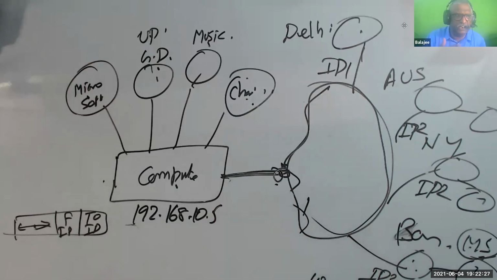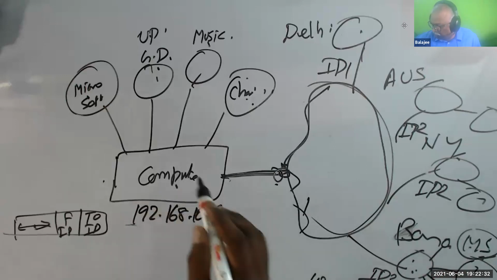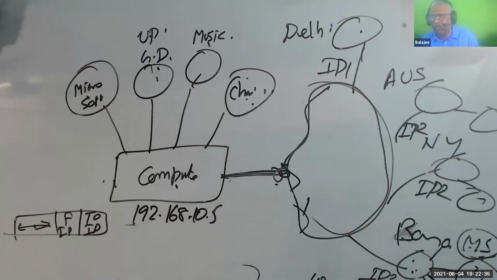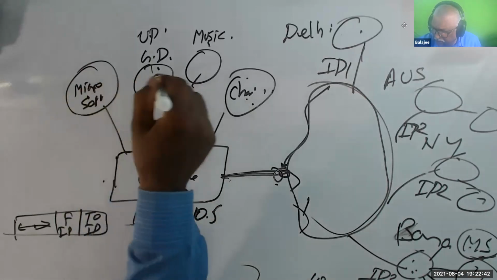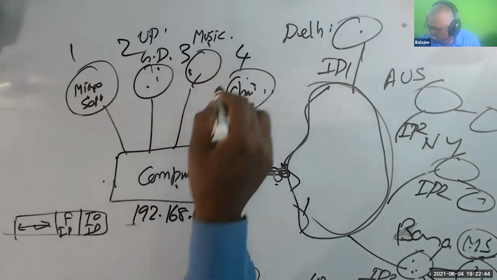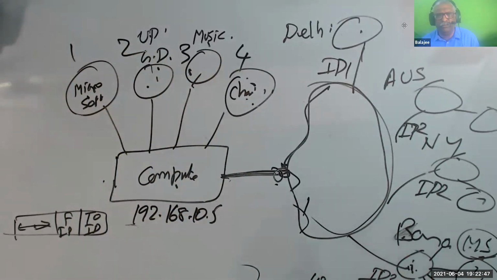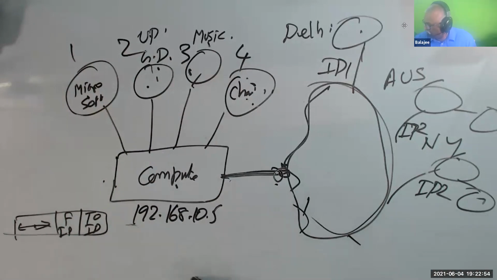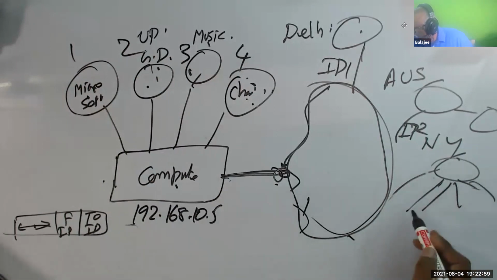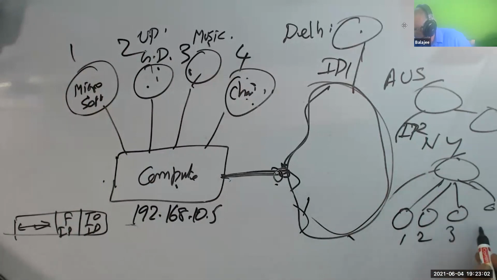Now, the unfortunate thing is that even that computer itself could be doing many activities. Somebody from somewhere could connect to another application of Microsoft, not to the same one. Like your computer has 4 processes, 1, 2, 3, 4, the other Microsoft computer in Bangalore may also have 4 processes, 1, 2, 3, 4, and the computer in New York could have 4 processes.